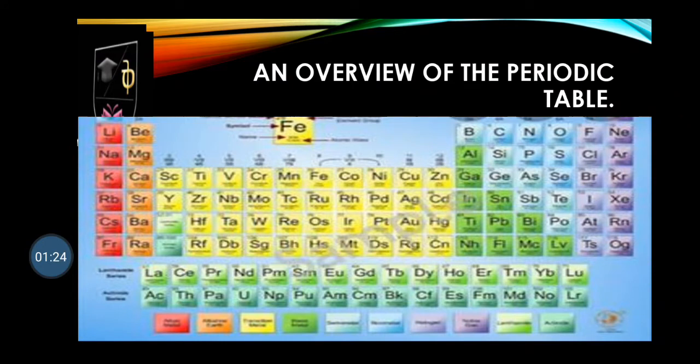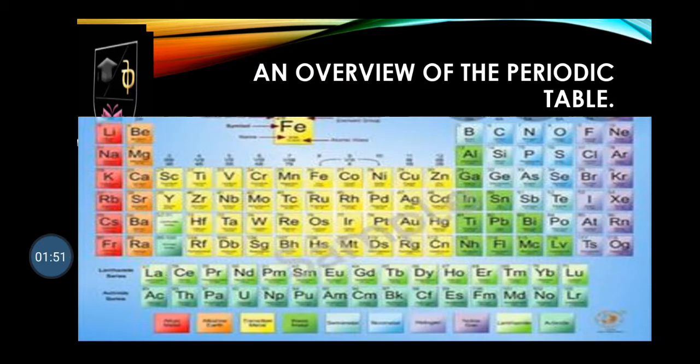Looking at this overview of the periodic table, beautifully spaced out, it is the work of a great Russian scientist, Dmitri Ivanovich Mendeleev, who in the 18th century gathered elements together, just to make life easy for his students.